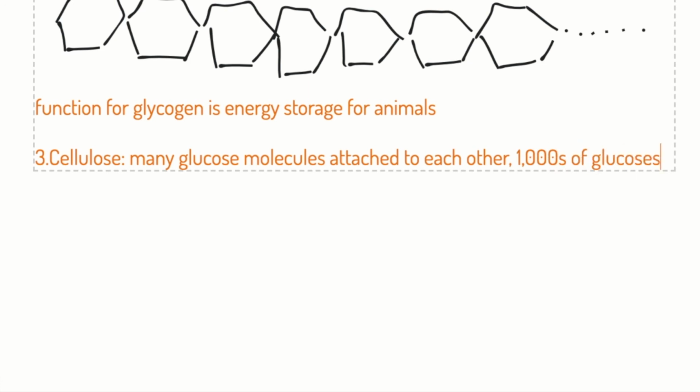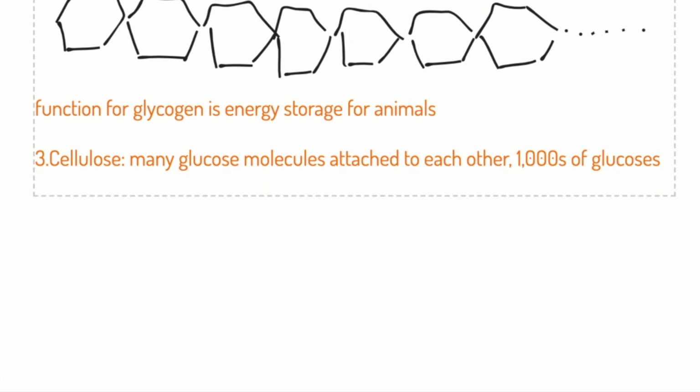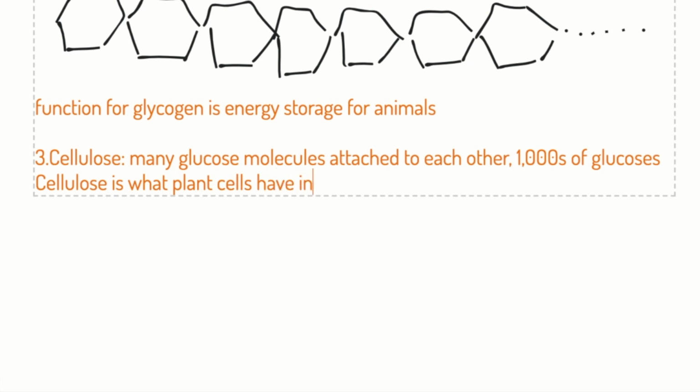Okay, and so all three of these polysaccharides are just a string of glucoses, but they have different functions. Okay, the starch is for the plant storage, the glycogen is for the animal storage, and the cellulose is used for plant cell walls. So cellulose is what plant cells have in their cell walls.